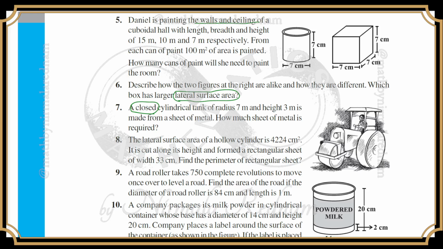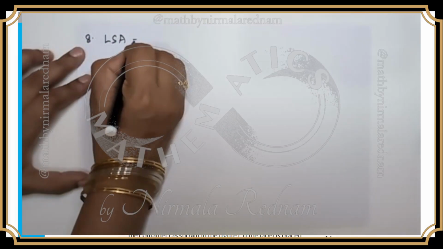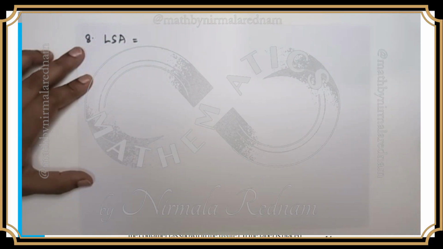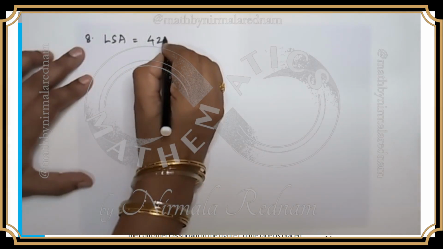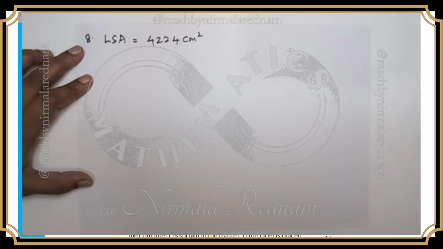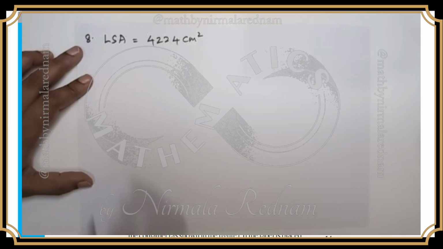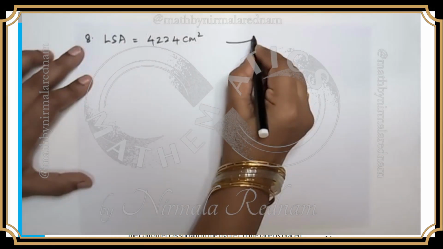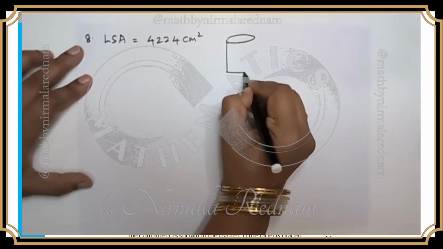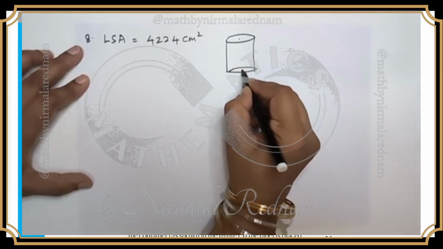Let's carefully write down all the information given to us, right? So the eighth question, lateral surface area is given to us as 4224 square centimeters, right? And once you cut it, the width is given as 33 centimeters. Now this is the cylinder and you're going to cut it along the height.